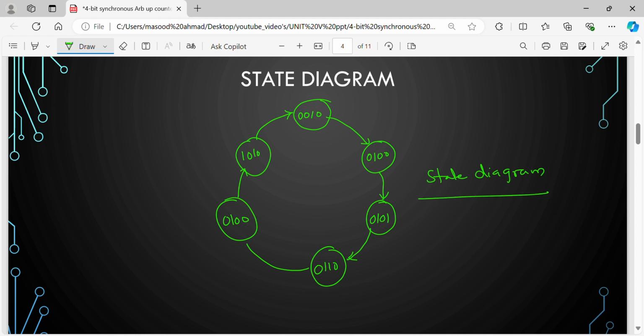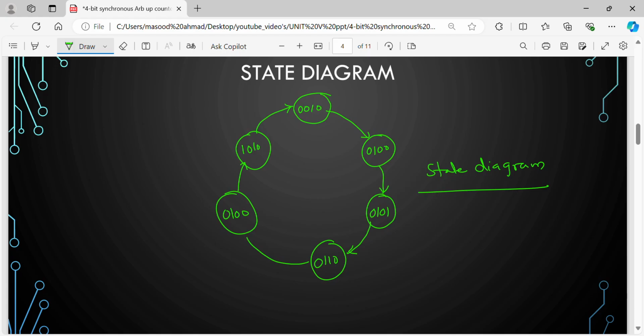From this, what is clear is that there are unused states. What are they? Undefined or unused states. Looking at 2, 4, 5, 6, 8 and 10, in total we have only 6 states with which we are working. For 4 flip flops, the contents of memory in a counter can range from 4 zeros to 4 ones.